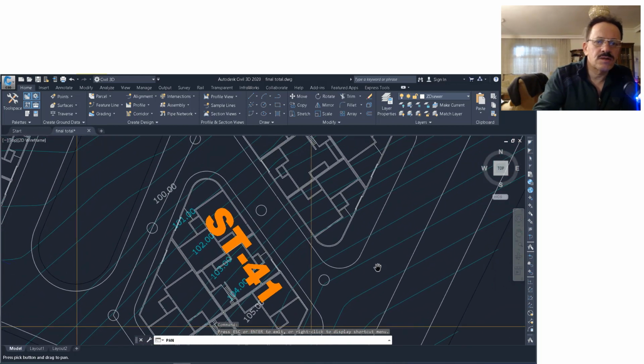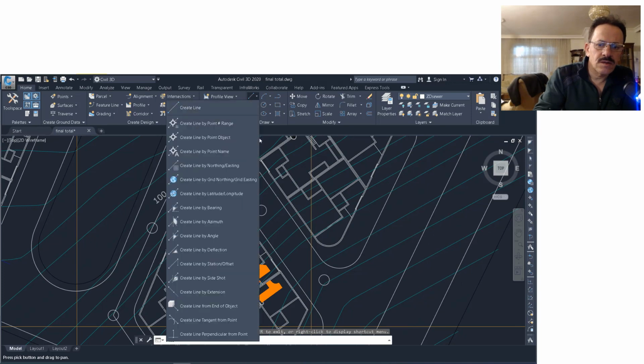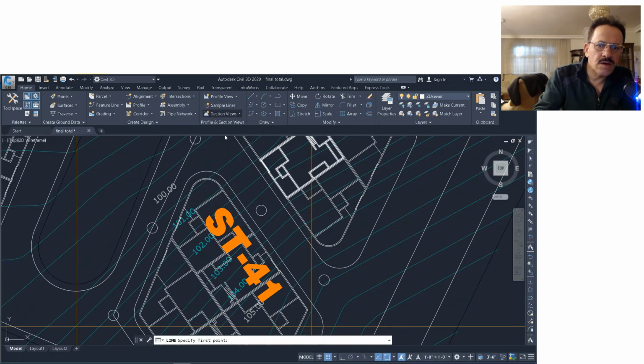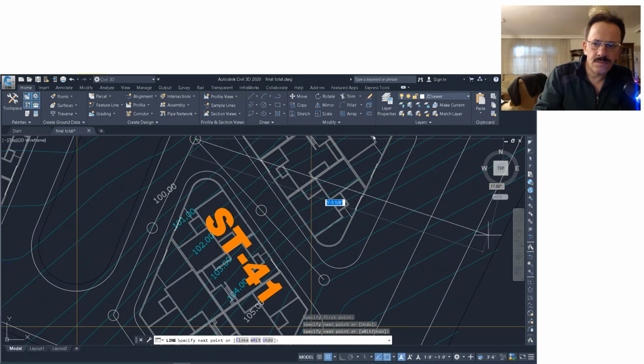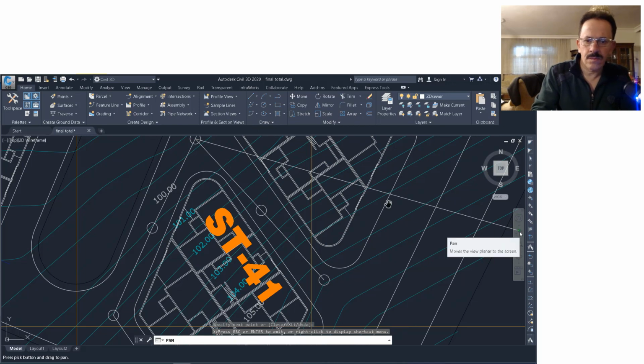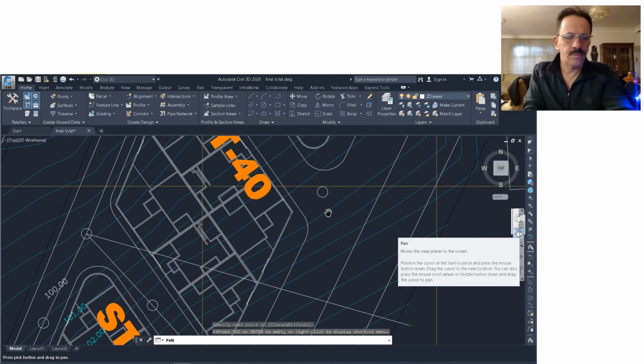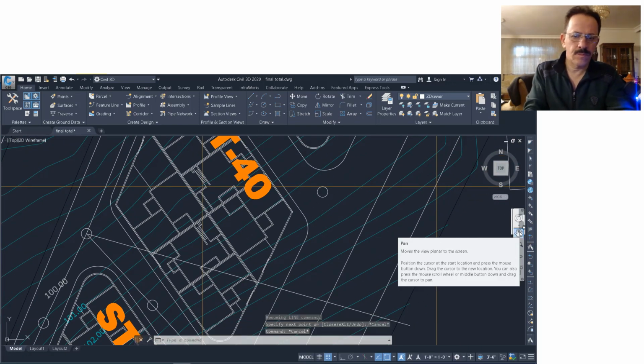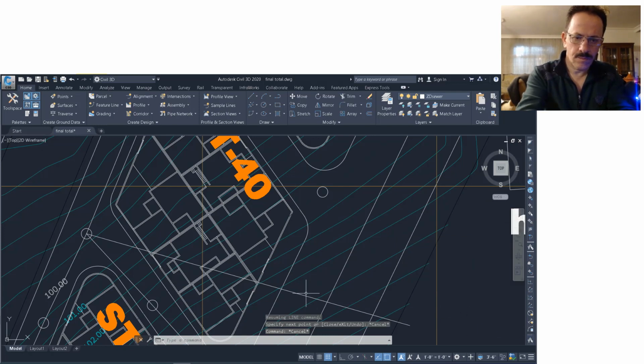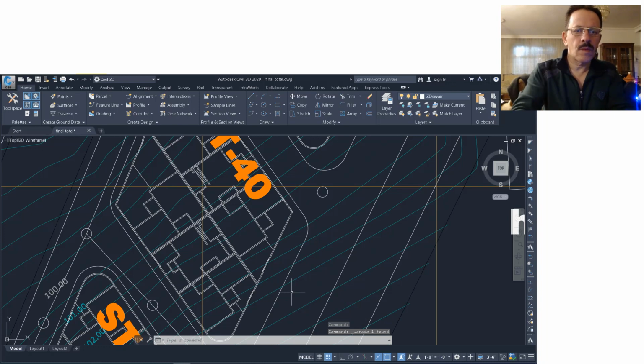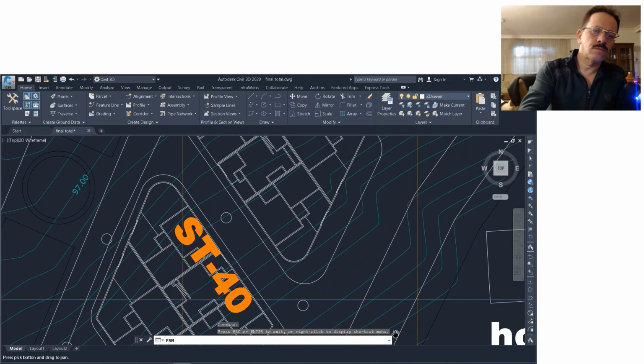We have to add again, and the main thing is that this is manhole 2, and here's the third one. Okay, I have to draw a pipeline here.